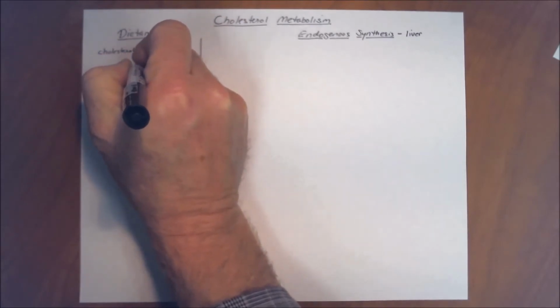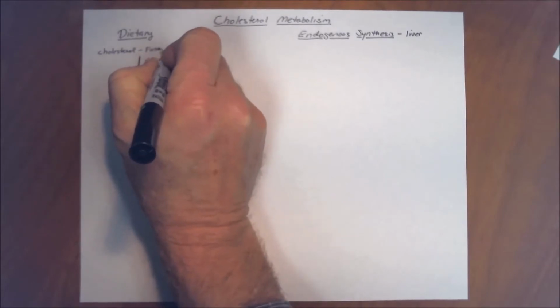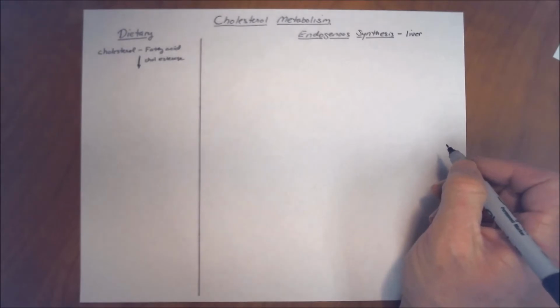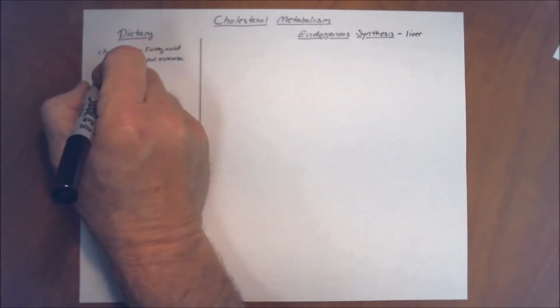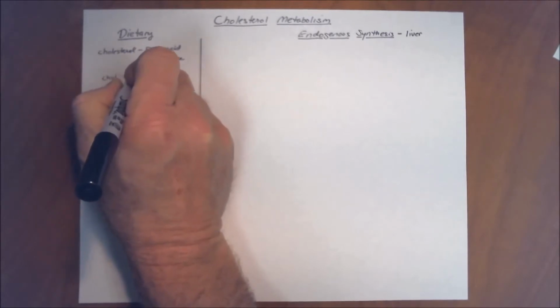In our gut, we have pancreatic cholesterol esterase enzyme secreted by the pancreas during the intestinal phase, and this will break up the cholesterol ester into cholesterol plus free fatty acid.